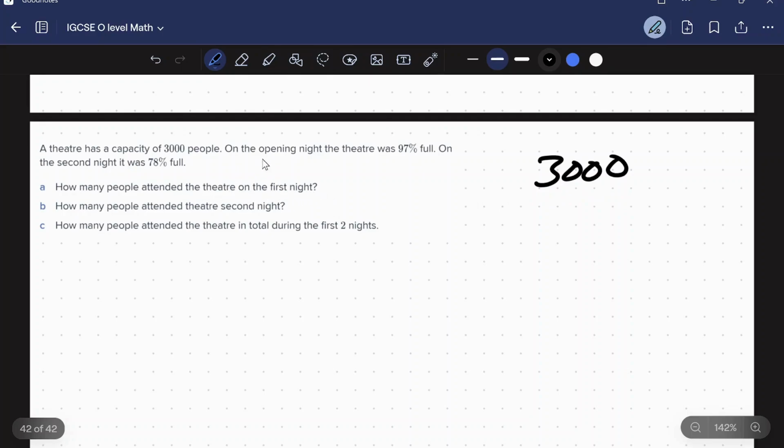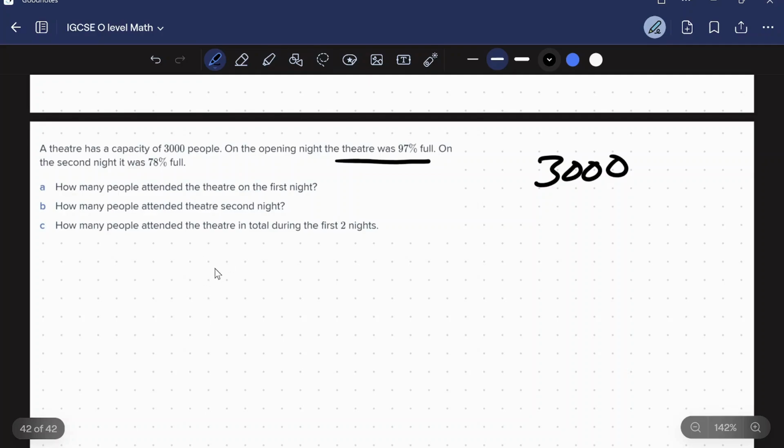All right, so we need to find the number of people who actually attended the theater on the first night, though we only know the percentage, which was 97% full. So let's first form the fraction of people present at the theater on the first night.